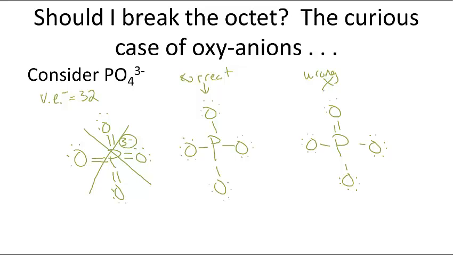So the formal charge on this is I only have 3 formal charges, summing up to -3. On this, watch this. 1, 2, 3, 4, 5. I have a lot more formal charges on the one that didn't break the octet than the one that did.